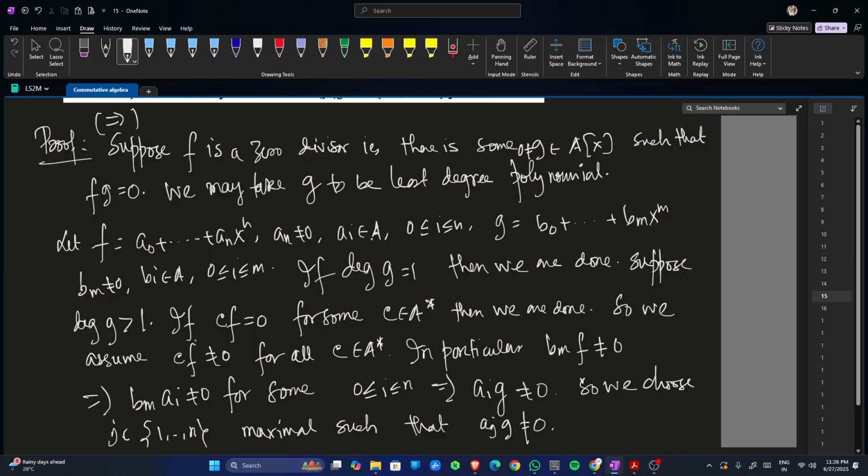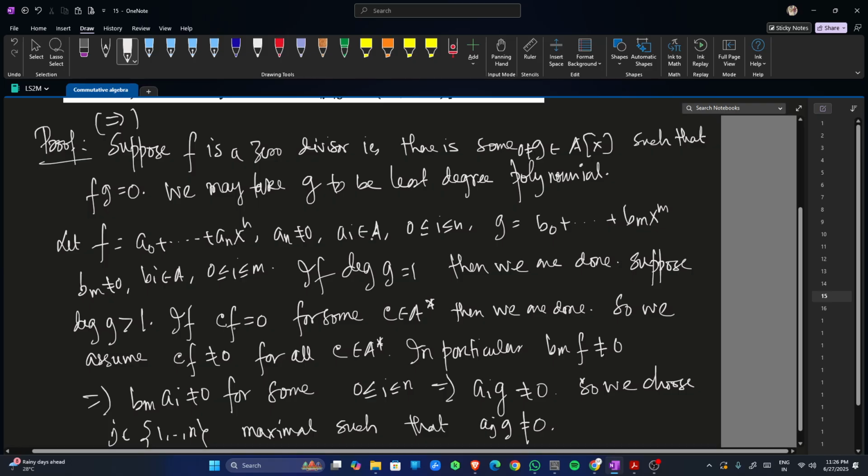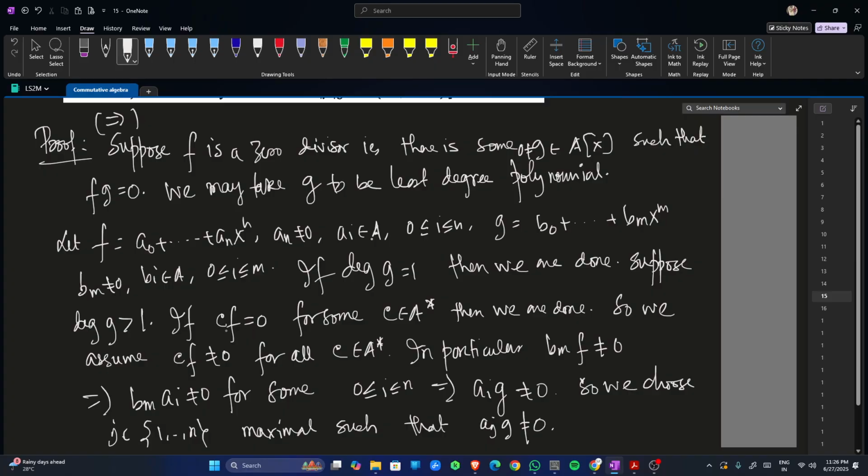Now if degree g is greater than 1, we have to show that there is some c belongs to A minus 0 such that cf is equal to 0. If there is some c which satisfies this condition, then we are done also. So we assume that this condition is not satisfied by any c belongs to A minus 0, that is cf is not equal to 0 for all non-zero scalars.